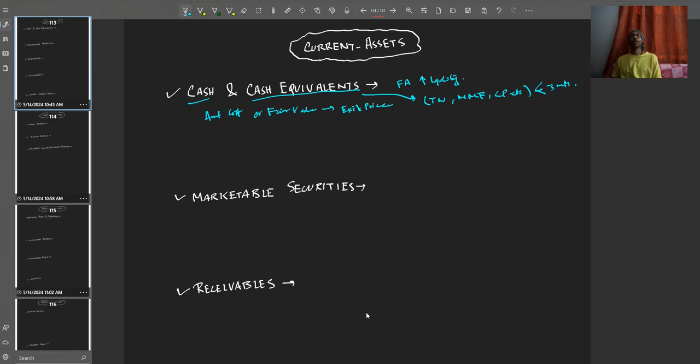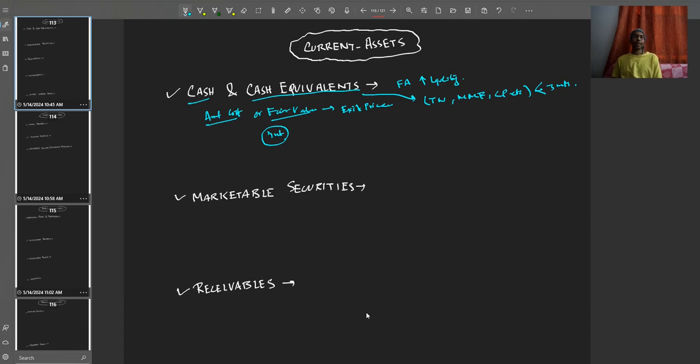These are cash equivalents. They are so close to maturity, basically the amortized cost or the fair value do not fluctuate much. They do not make much of a difference. Their risk to interest rate changes is basically next to nil. So this is what cash equivalents are. And cash obviously is cash.